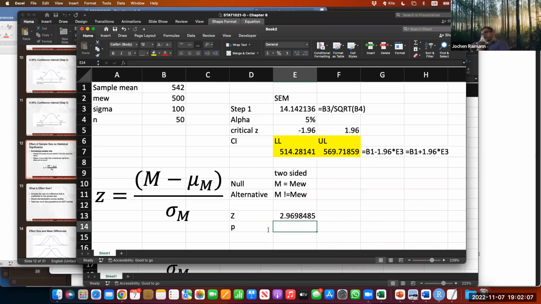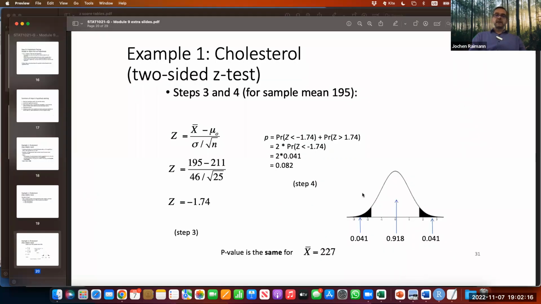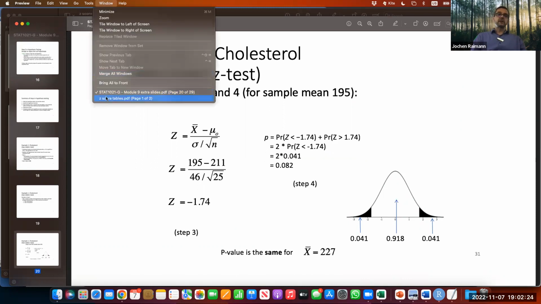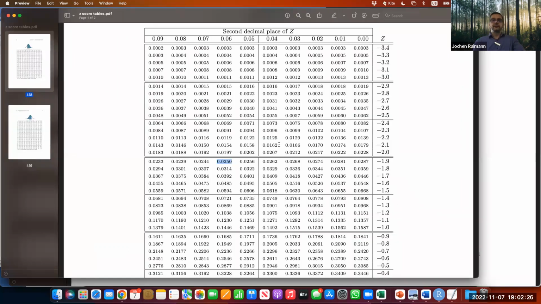And this P is a little bit tricky to do because you only want those tails, right? When you think of this, how can you quantify this tail? This tail is quantified by looking at the negative entry for your minus 1.96.